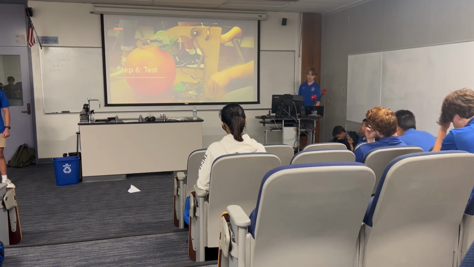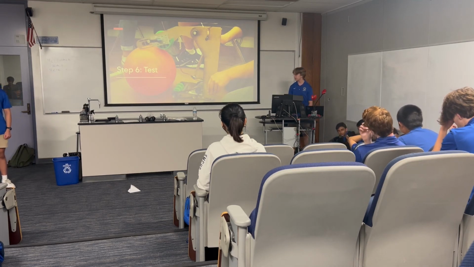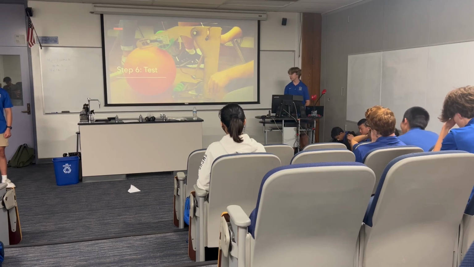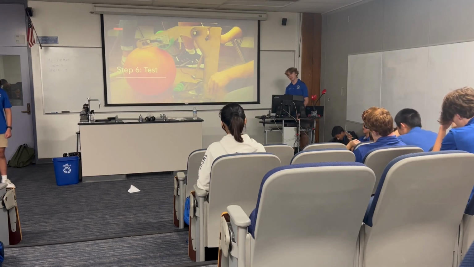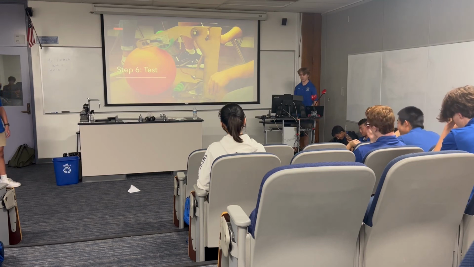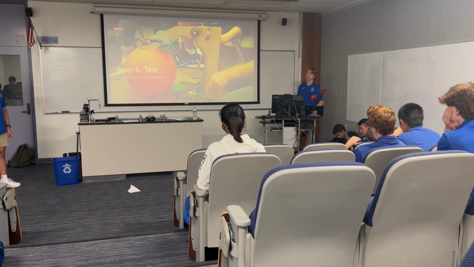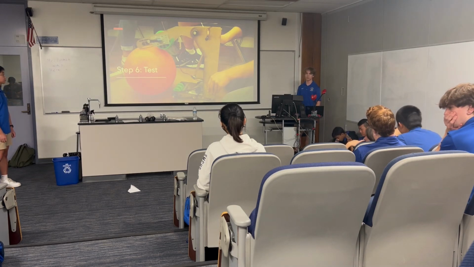When we're testing any system, we want it to be as similar to the situation as the actual robot is going to be in during the games, but we also want to limit the amount of variables, so we can pinpoint exactly what went wrong if something does go wrong. I guess a good example of that would be if you're running all systems on your robot and something totally breaks, your robot shatters. Good luck figuring out what went wrong.